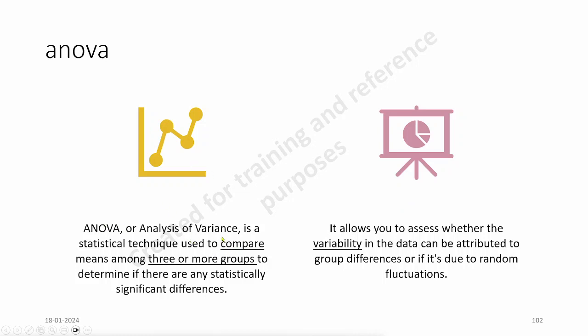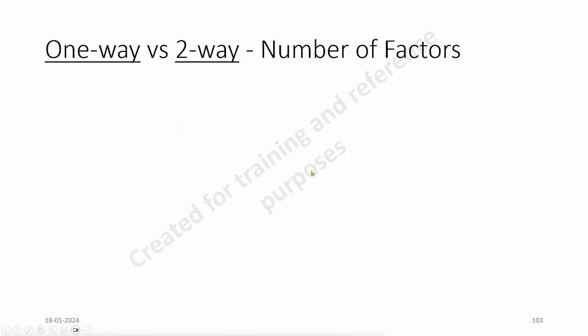It is basically a statistical method to compare the means among three or more groups, whereas the t-test was only for two groups. It allows you to assess whether the variability in the data can be attributed to group differences or is due to random fluctuations.